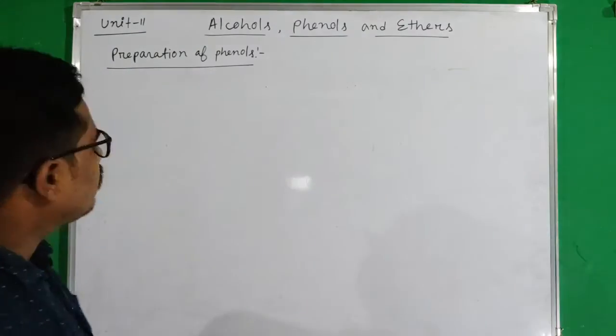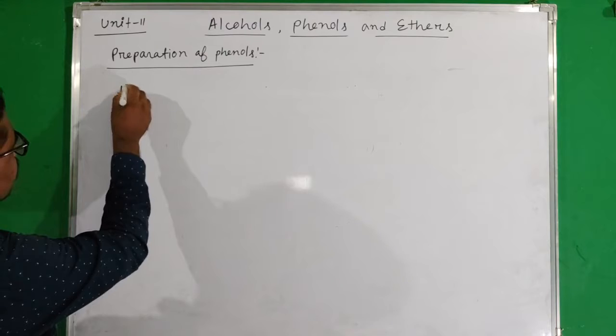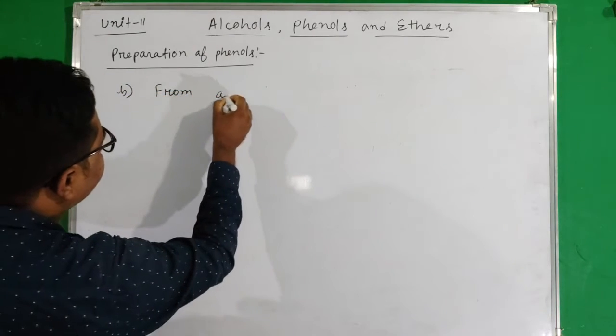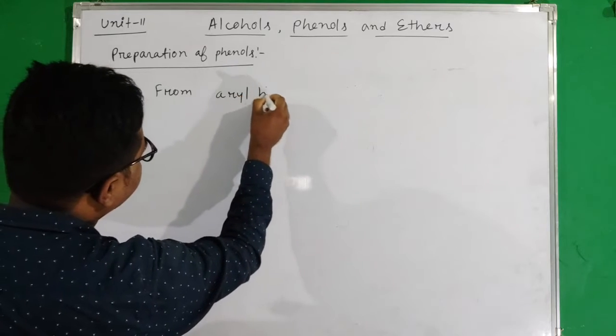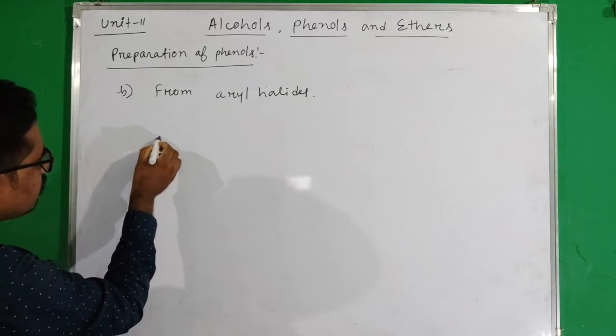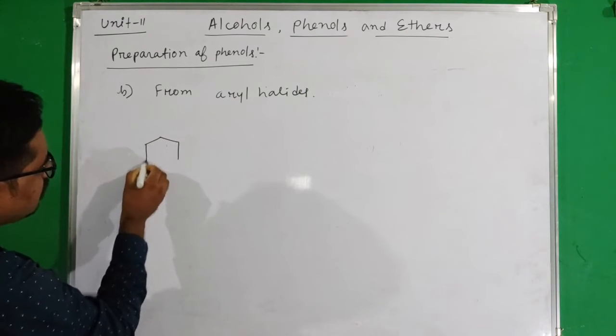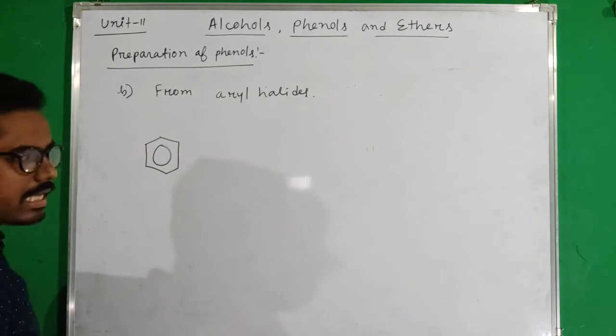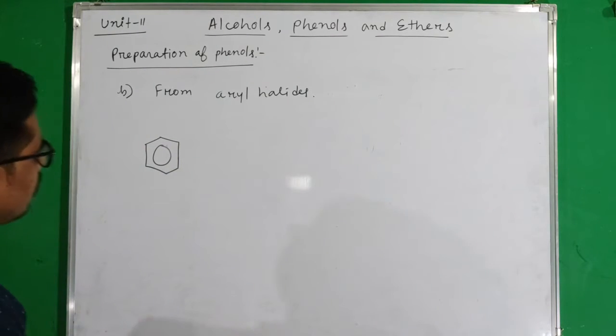Okay, so our next method is number B, from aryl halides. You have studied about aryl halides in chapter 10, that is haloalkanes and haloarenes.